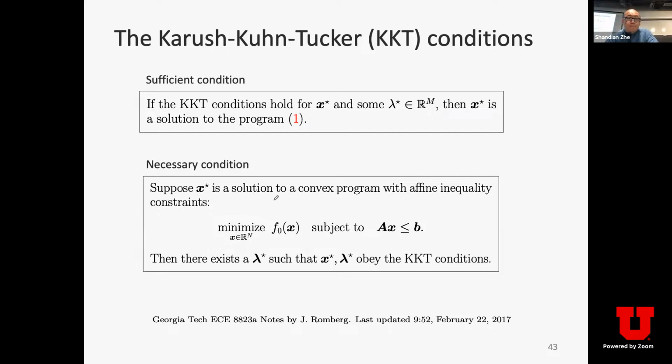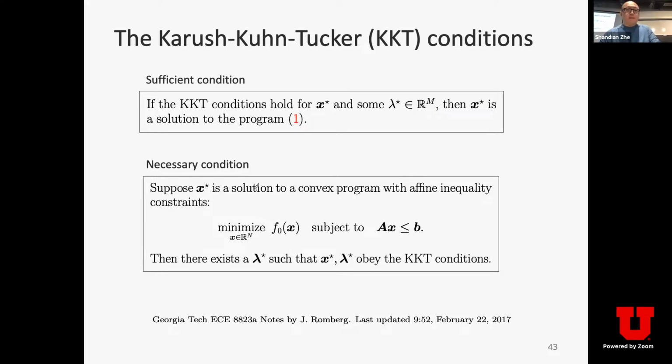In detail, if in your convex optimization problem the constraints are affine constraints, namely, you can represent your constraint as linear inequalities, Ax is a vector, b is a vector. If you can write your constraints in this way, then KKT conditions are both sufficient and necessary.